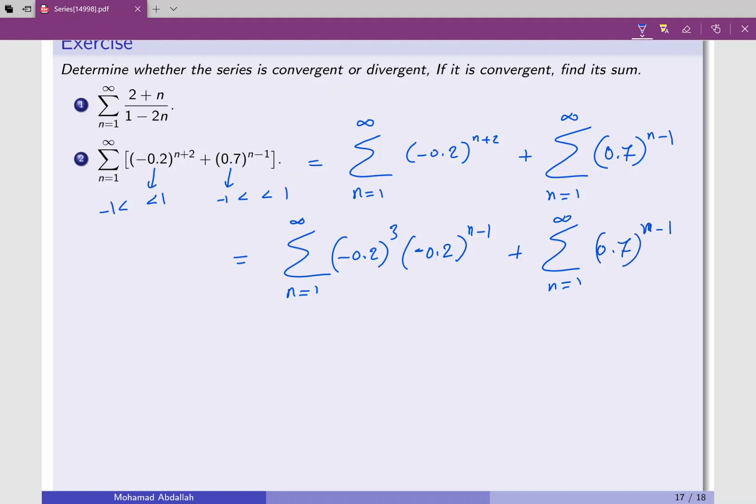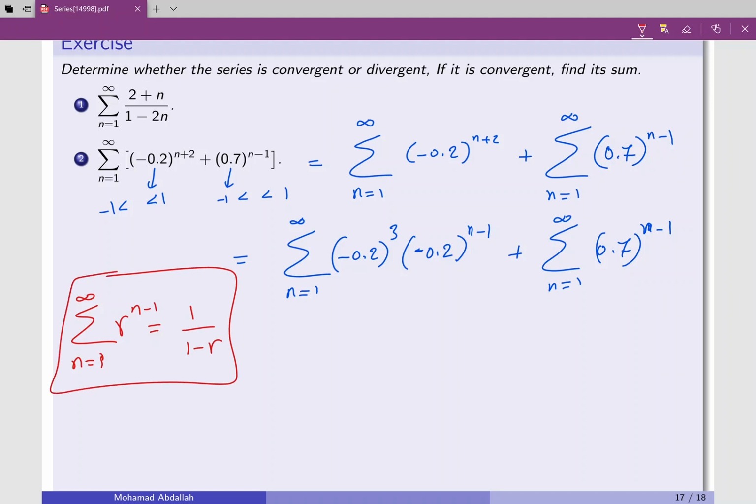Then I can apply the formula. Remember that the formula we had for the geometric series is, let me just write it here again, the sum from n equals 1 to infinity of r to the n minus 1. If r is between negative 1 and 1, this is equal to 1 over 1 minus r. So I will just need to apply this formula to find the sum.